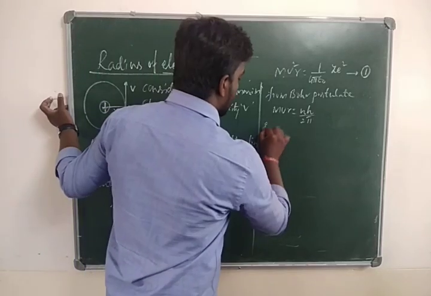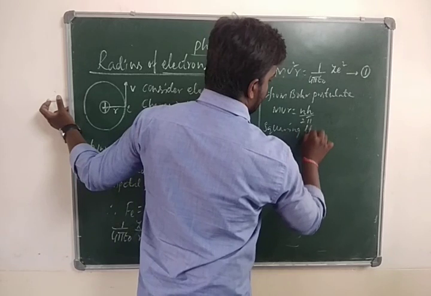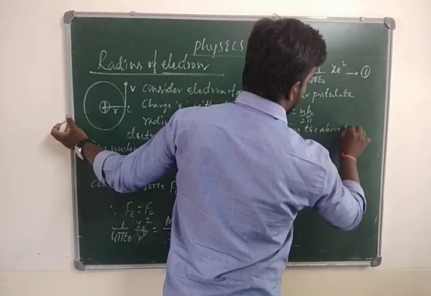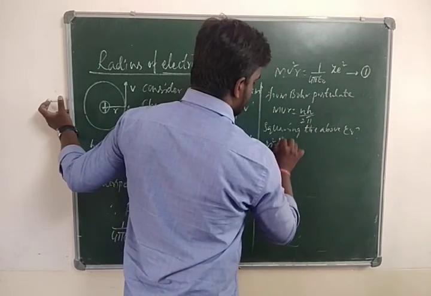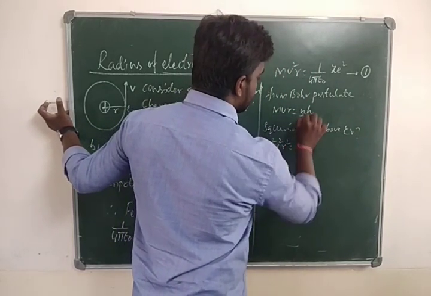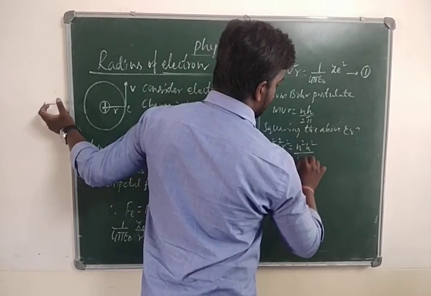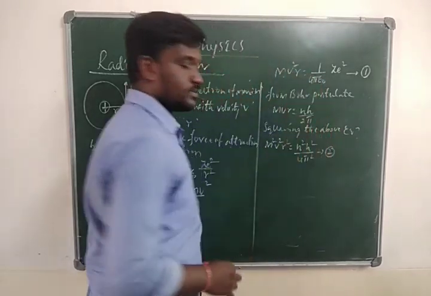Now squaring the above equation, m square v square r square is equal to n square h square by 4 pi square. This is equation 2.